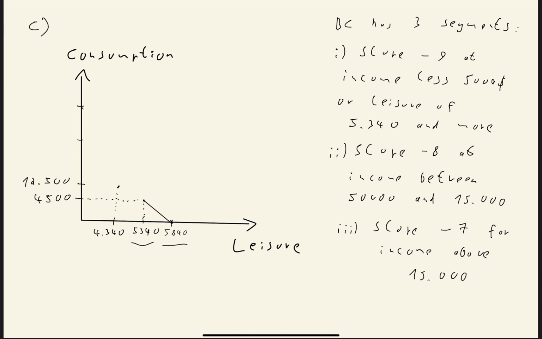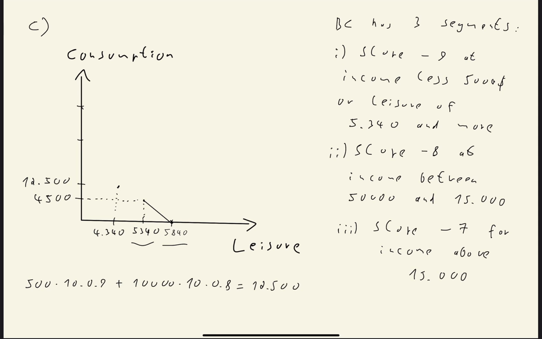So how did I get this? For the first 500 hours, you multiply 10 times 0.9, and for the next 1,000, you multiply 10 times 0.8, and this will give you 12,500. Okay, so this is how I came up with this number.